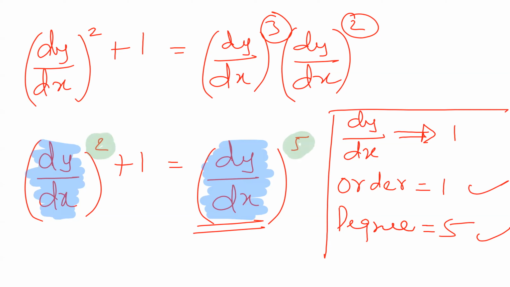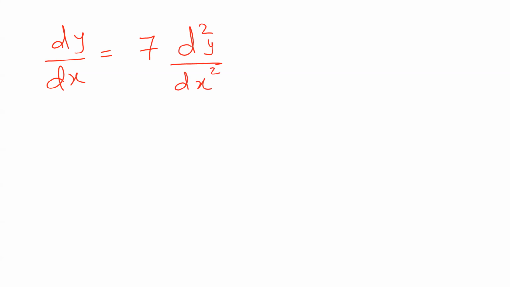Then we'll proceed. Let's take some more examples. dy by dx is equal to 7 d square y upon dx square. This is your question, in a simplified manner.